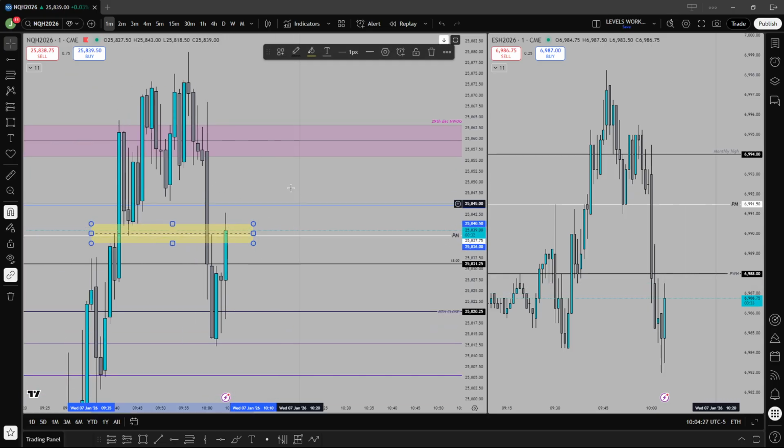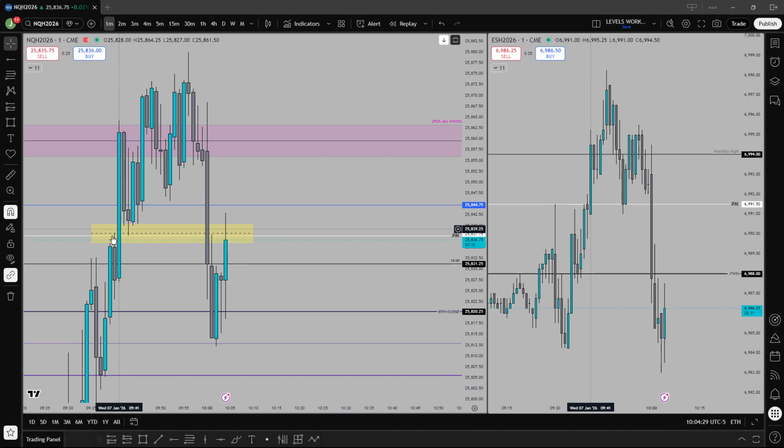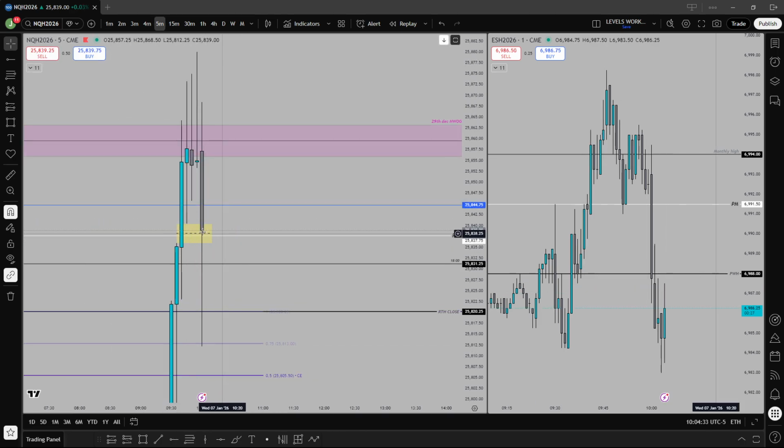Then we need to reclaim this fair value gap, which is on the 5 minute.